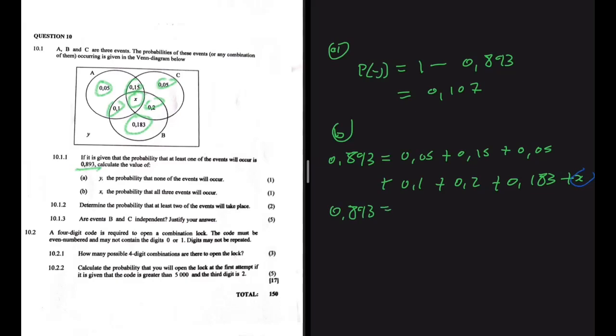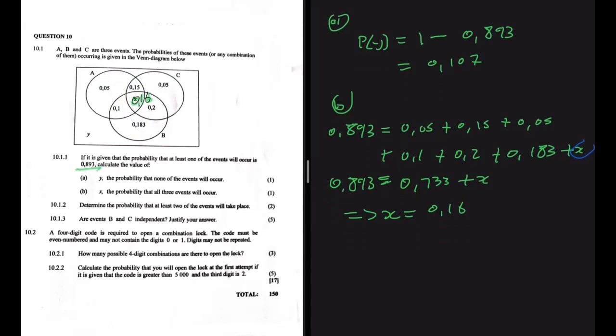Let me add all these probabilities. I'm getting 0.733 plus x. So x should be 0.893 minus 0.733, which is 0.16. So we have 0.16 at x.